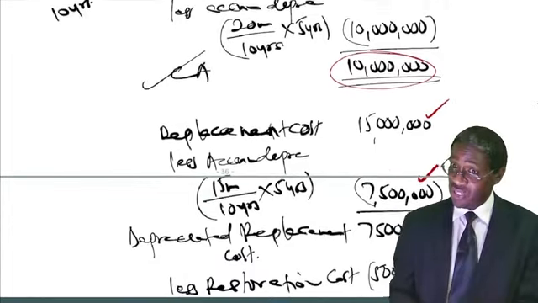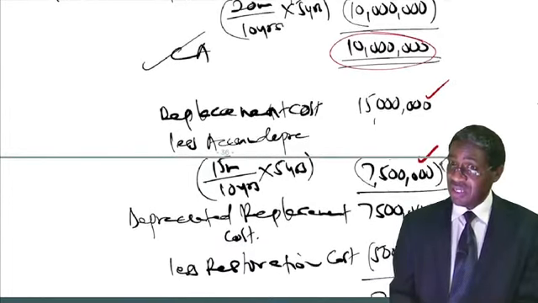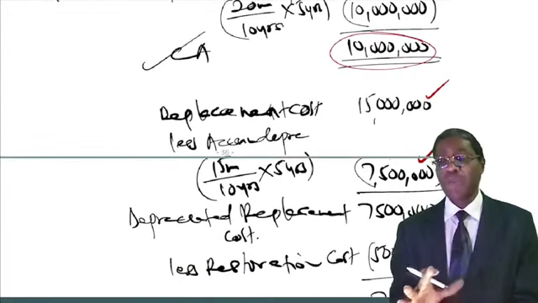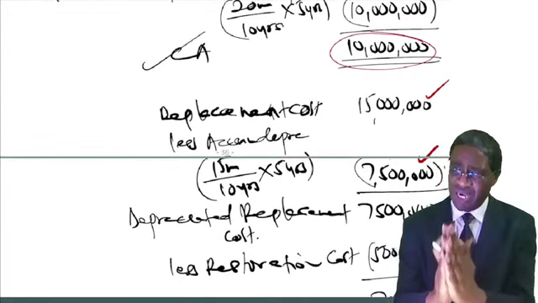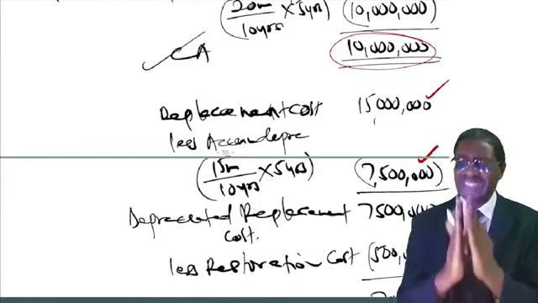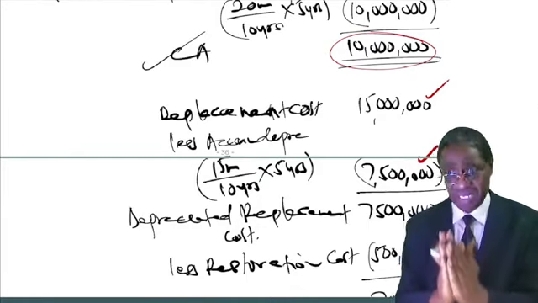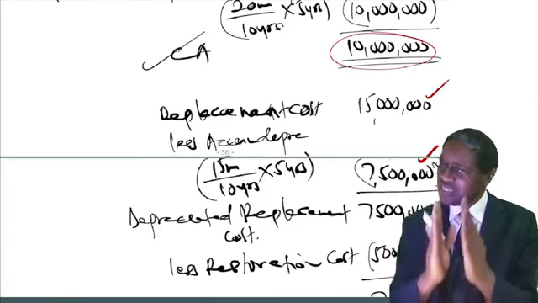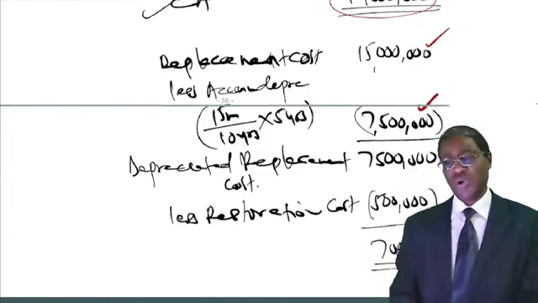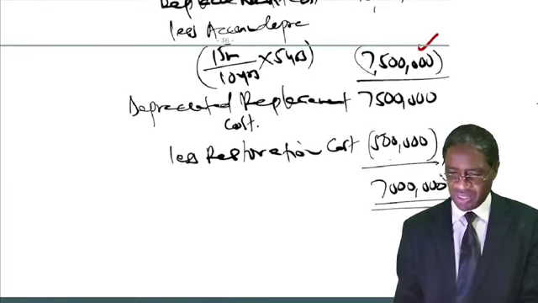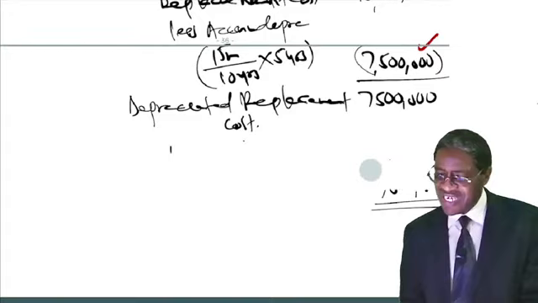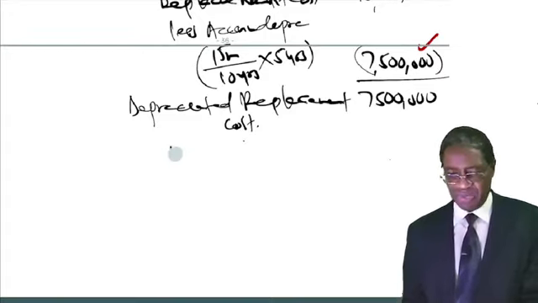Then listen to this again. For that third method also, by the time you are testing for impairment, you will ask yourself, what is the replacement cost of that asset? Once you get the replacement cost, you again calculate what we are calling the depreciated replacement cost.